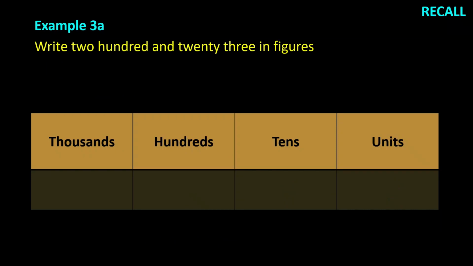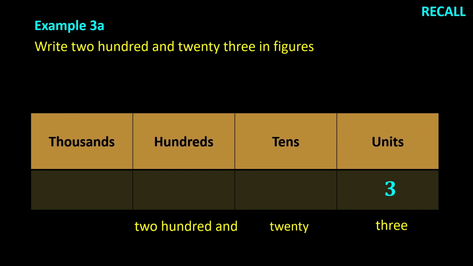We will now practice writing numbers up to 1000 in figures. Take a look at the example on your screen. Let's try to write 223 in figures. We're going to try and split this into 3 parts. So we have 223. This will allow us to pop our figures in the table.